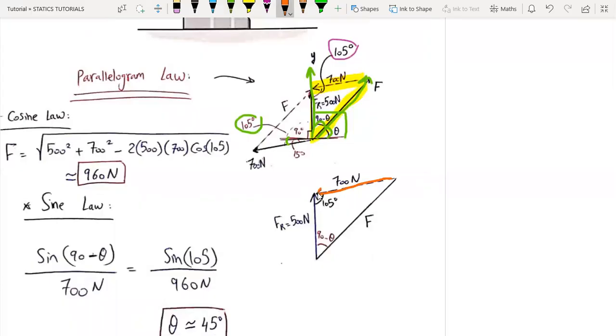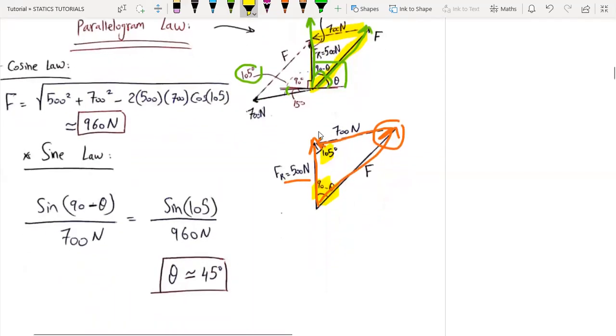So here it is 700 newtons, and here it is our force F. We connect tip to tail, and here is the resultant force along the vertical axis, which is 500 newtons. It's given. And here the angle is 90 minus theta, and here the angle is 105 degrees. So in our triangle, we should have at least two angles.